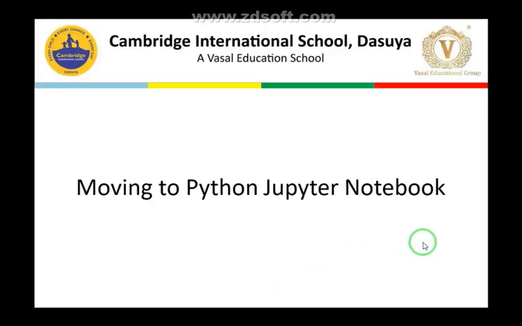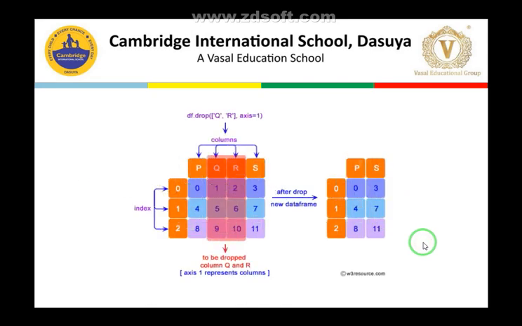Moving back to our PPT, students, you see what we have done. Here we have dropped the columns Q and R, and in the first method we have mentioned the example of axis is equal to 1. So what was the meaning of axis is equal to 1?